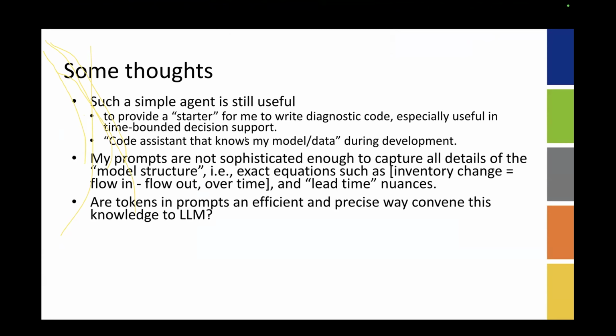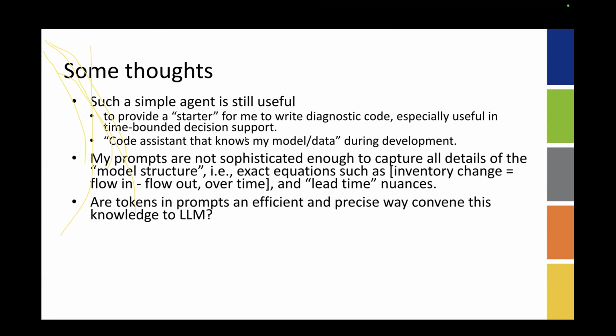It's actually useful for me, for example, if I have this agent while I'm implementing or testing my model, I get a ChatGPT that knows what I'm doing, that knows what the optimization model looks like. So that I don't have to go back to the ChatGPT UI and rephrase every time what I'm trying to do, right?